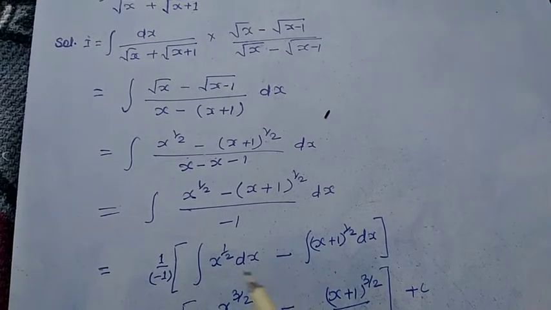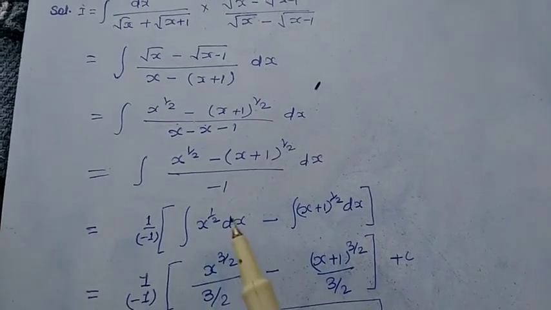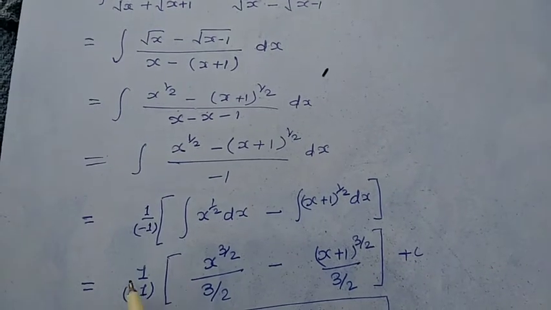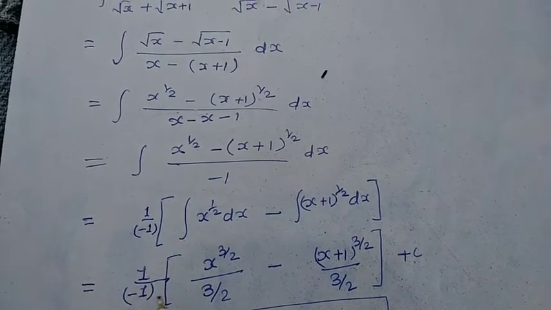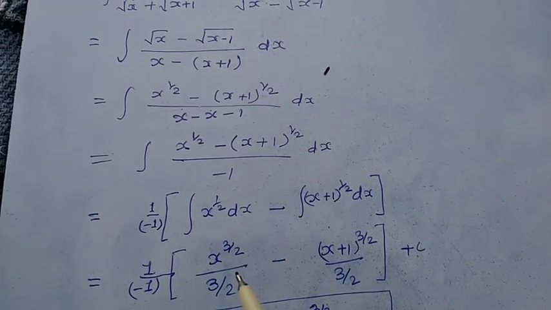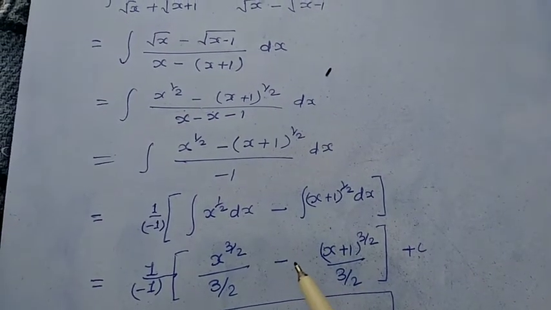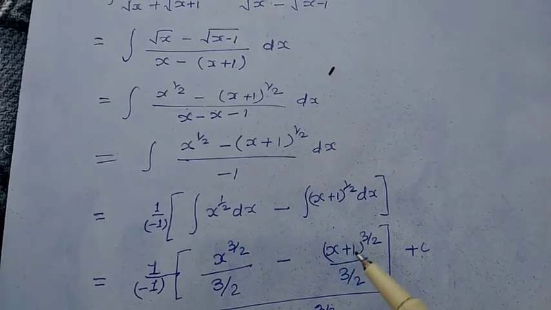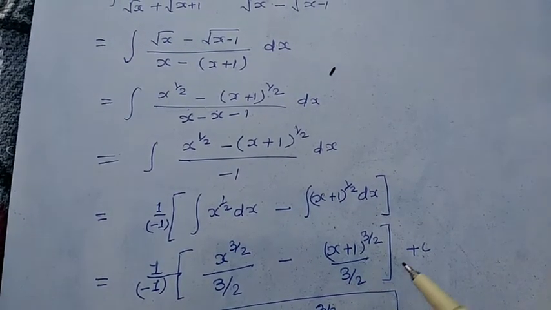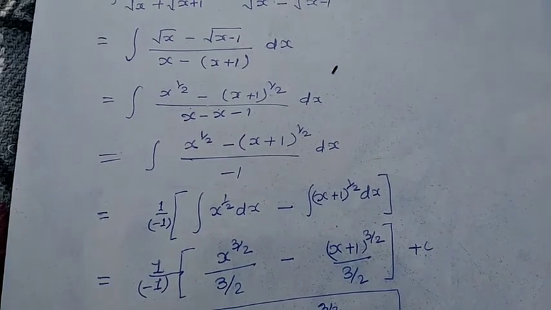So by integrating both the terms we get 1 upon minus 1 into x to the power 3 by 2 upon 3 by 2 minus x plus 1 raised to the power 3 by 2 upon 3 by 2 plus c.